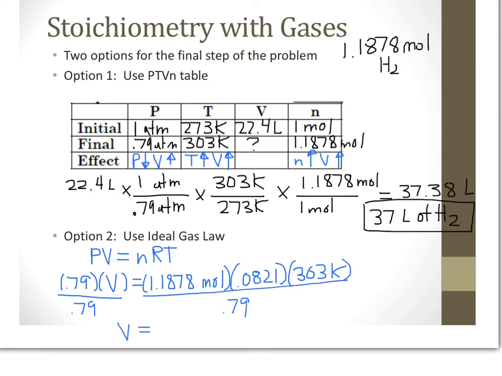And volume equals, again, 37 liters of hydrogen. So you can pick whichever method makes more sense to you, either comparing back to STP using a PTVN table, or you can use the ideal gas law.